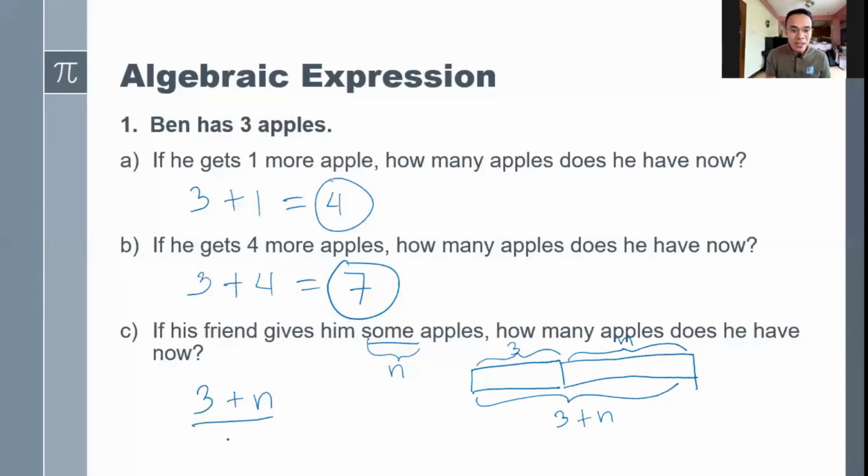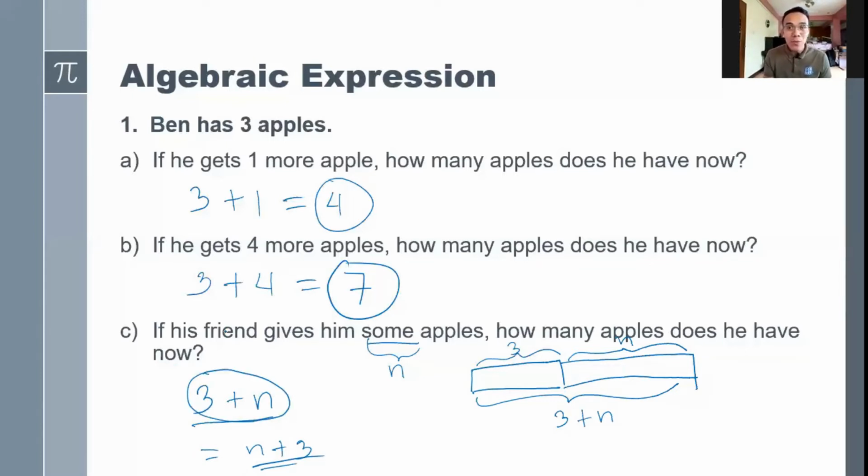Okay? And I just would like to emphasize that 3 plus N is just similar to N plus 3. Remember, in addition, we don't care about how the addends are being ordered. Okay? So 2 plus 3 is the same as 3 plus 2, something like that.